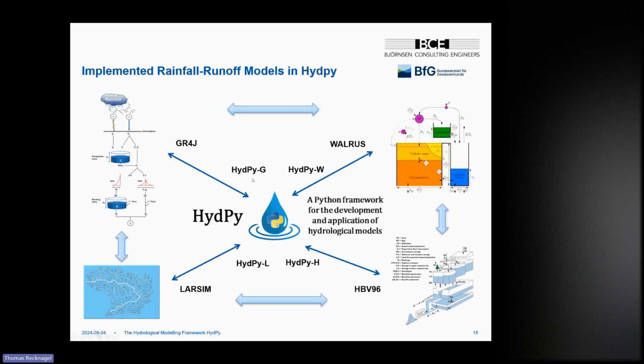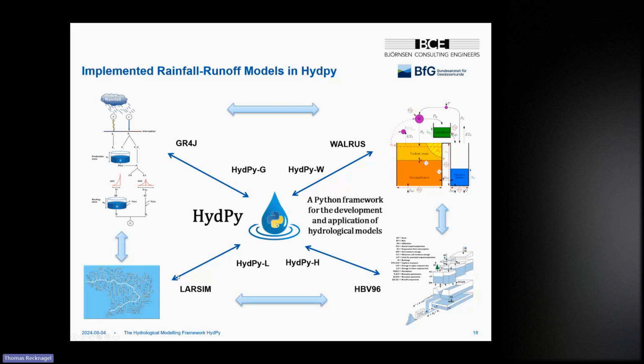Models. HydPy has already implemented a lot of models, for example land models, which model the processes of subbasins. We have implemented a model called HydPy-H, which is made after the HBV96 model, you might be familiar with.